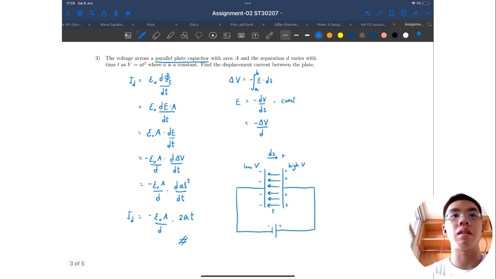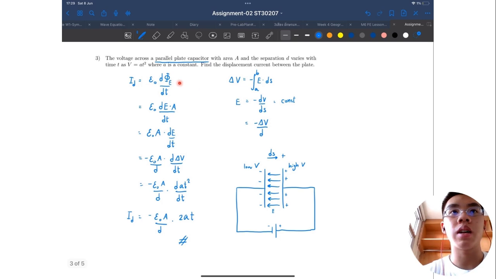As a reminder, the first equation is that the displacement current, denoted I_D, equals epsilon naught, which is a constant, times the change of the electric flux with respect to time.